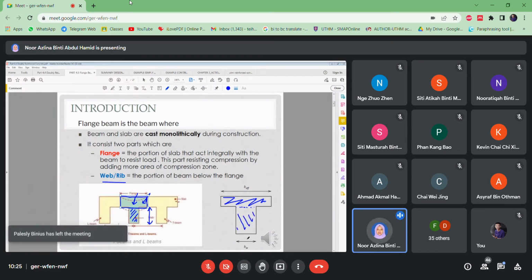So the web maksudnya the beams, okay, this is its normal width, dia punya lebar, biasalah lebar beams. But for the flange, it has its own effective flange width. We call it as a b effective. Dia punya lebar efektif untuk flange. Okay.